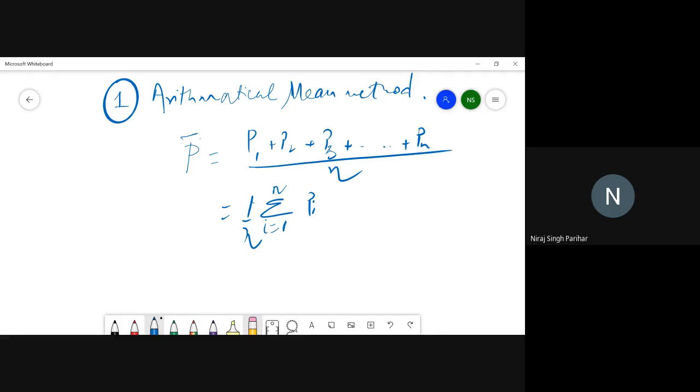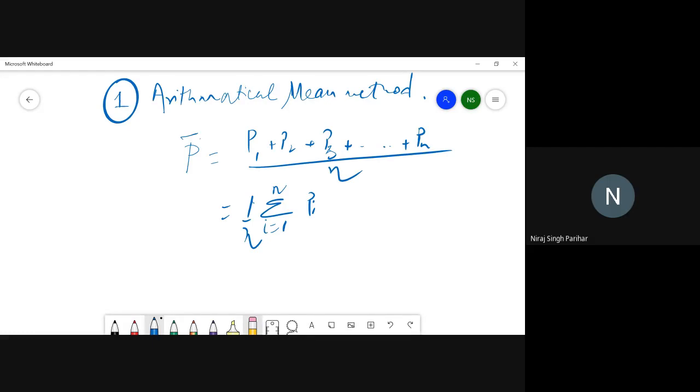When the rainfall is uniform. Yes, it's a very simple answer, right? When the rainfall pattern is uniform along the catchment. अगर catchment में हर जगह almost एक जैसी बारिश हो रही हो, there is not much variability, and even the rain gauges are evenly distributed over the catchment, then we can easily apply this method, right?